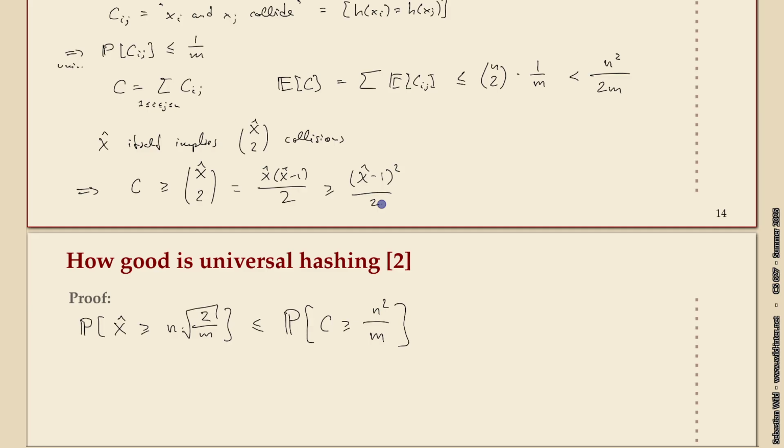I could use something like this, or it is roughly x hat squared over 2. So to bound that this is bigger than some value, this has to be bigger than that value squared. And the factor 2 is lost there. And this is something we can compute because we can compare it with its expected value.